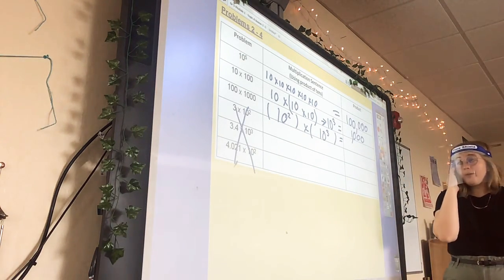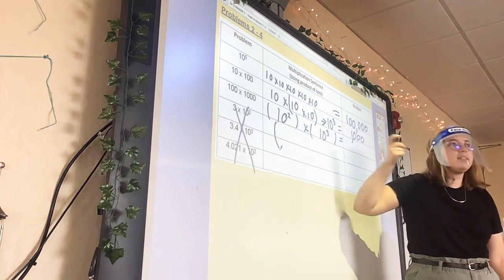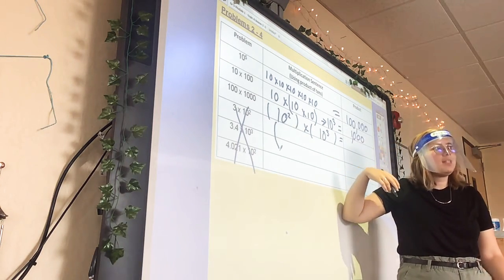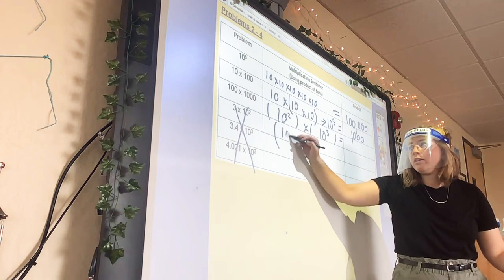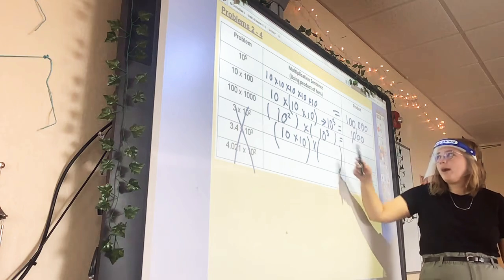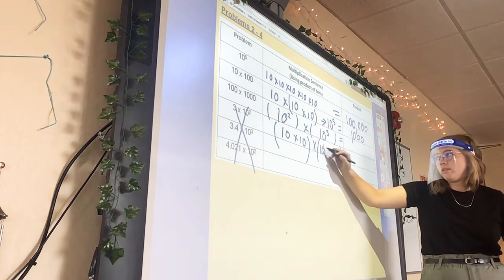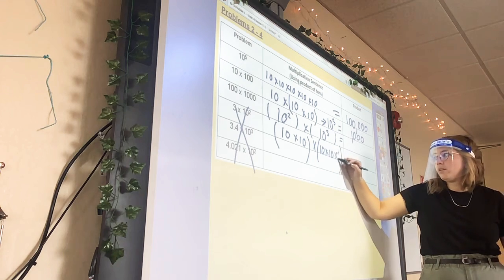So, then if I were to break this up even further, okay, I'm going to write it down here. 10 to the second power, what am I going to write? 10 times 10. Okay, and that is being multiplied by what's 10 to the third written out? 10 times 10 times 10. Okay.